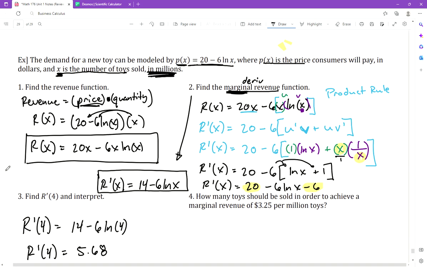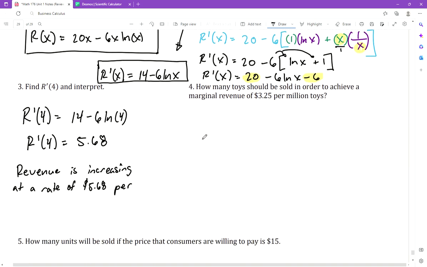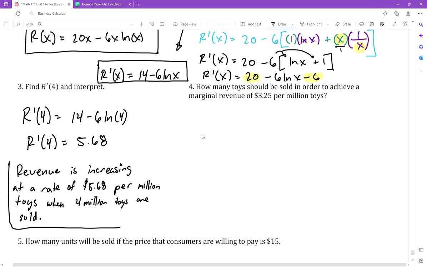Okay, so that would be per 1 million toys, per million toys, when 4 million toys are sold. Okay, so that's its breakdown. Okay, so there's our rate. Okay, so increasing, good sign.